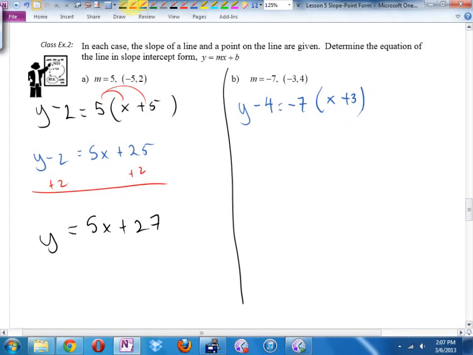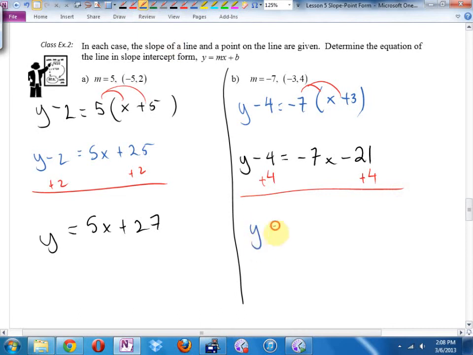Get rid of brackets. Boom, boom. I'll get y minus 4 equals negative 7x minus 21. Get the y by itself? Okay. Y equals negative 7x minus 17.